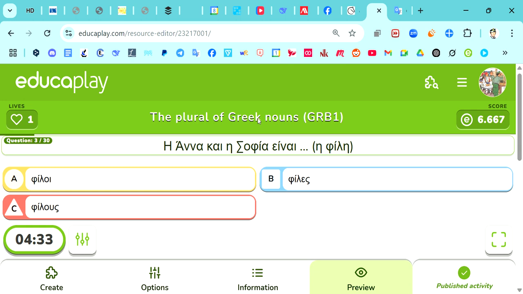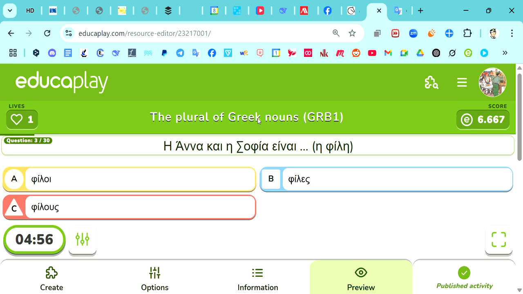It doesn't really matter for feminine words because the only difference between nominative and accusative with feminine words is the article. So you cannot really see that here since the article is not included in the phrase. But keep this in mind. Now the correct answer here would be φίλες.